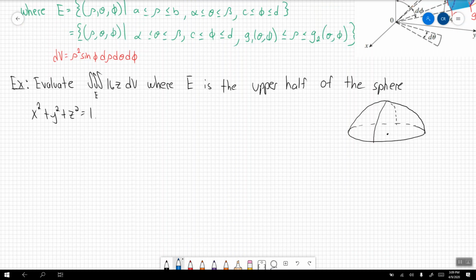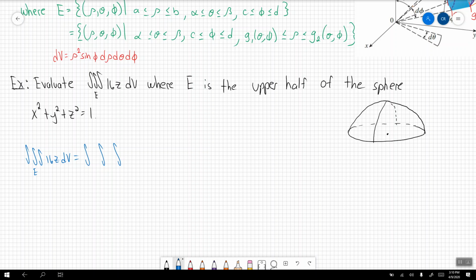Now, in order for me to set up this triple integral over this region for 16z dv, I have to figure out what my limits of integration are. What are the limits of integration when we bound by phi, rho, and theta?